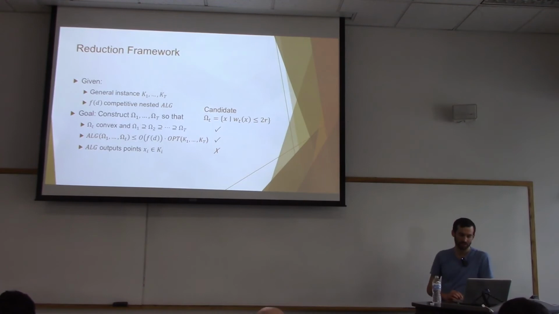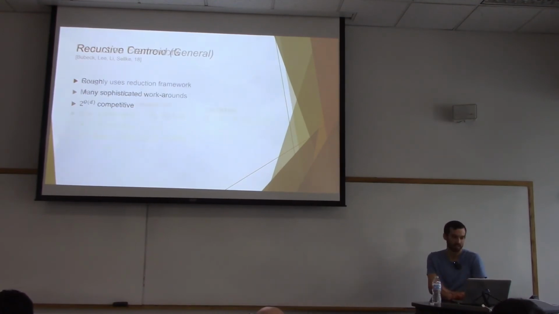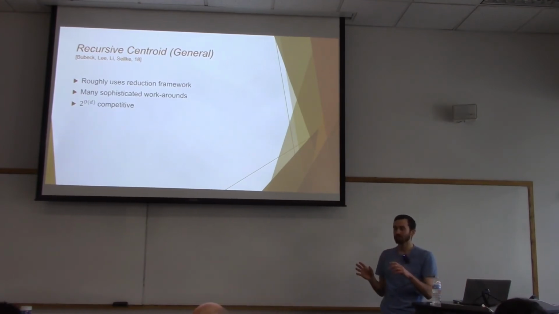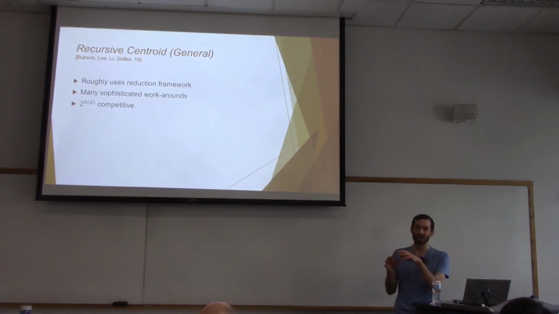Okay, so we don't get the feasibility that we wanted, and this reduction framework fails as such. But it can be modified, and it was in this paper, again Bubeck, Lee, and Sellke, the same one. They use this general idea, and they define the set omega hat, which is a little bit like omega, but a little bit more complicated.